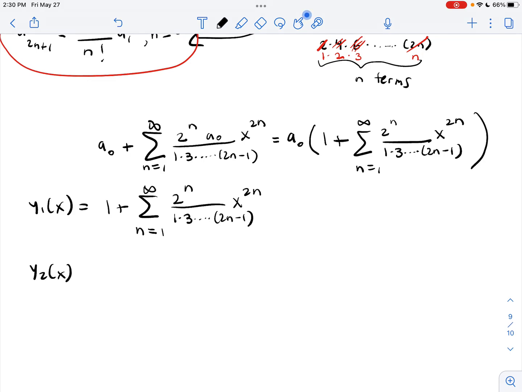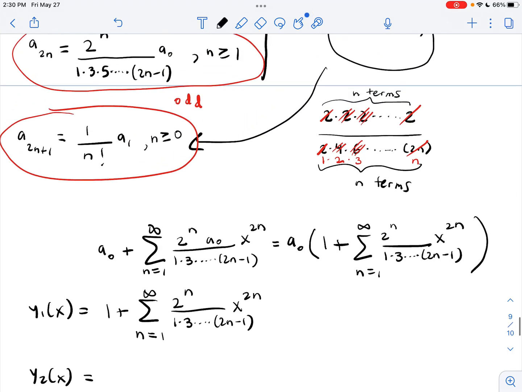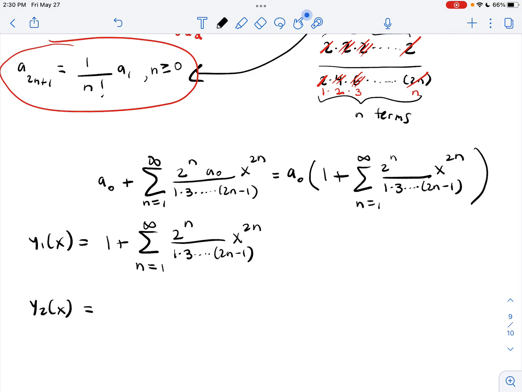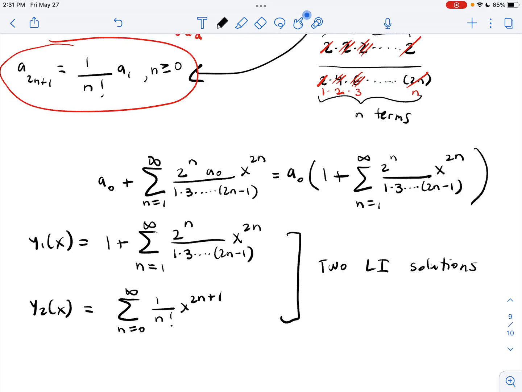And what would our y2 of x be? Remember, this is our odd series, and we can use the pattern for all of them, including the 0 term. So it's just going to be 1 over n factorial times x to the 2n plus 1. We don't need to write our a0 and our a1 yet because we'll put that in the general solution, right? These are two linearly independent solutions.